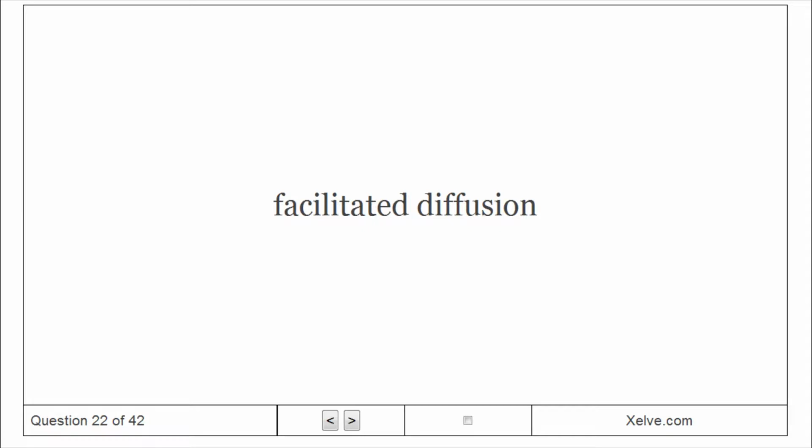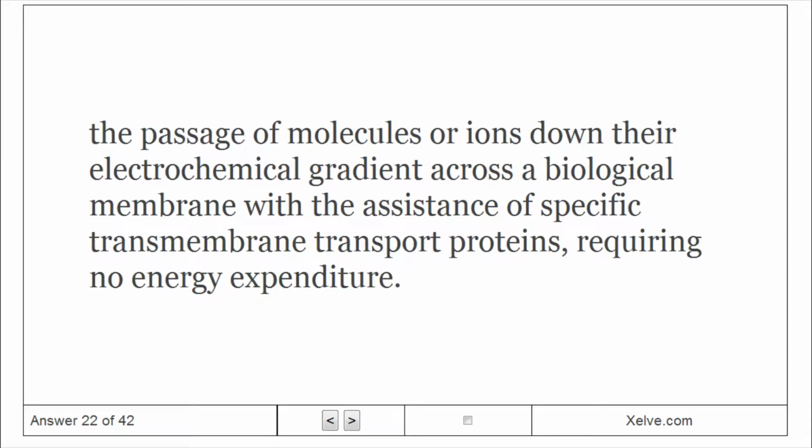Facilitated diffusion, the passage of molecules or ions down their electrochemical gradient across a biological membrane, with the assistance of specific transmembrane transport proteins, requiring no energy expenditure.